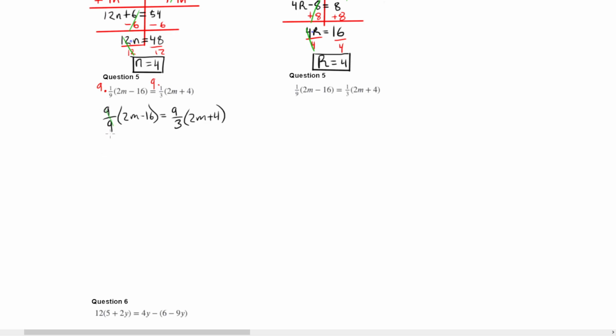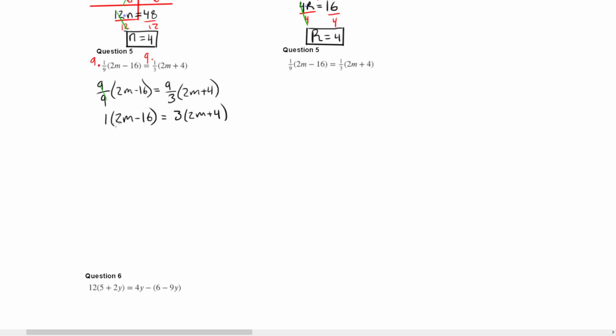Those just cross out. And 9 divided by 3 is a 3. So I get to rewrite this side as just 1, 2m minus 16 equals 3, 2m plus 4. And now we're right back to where we are.